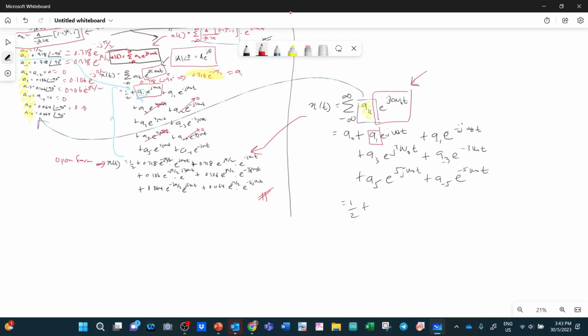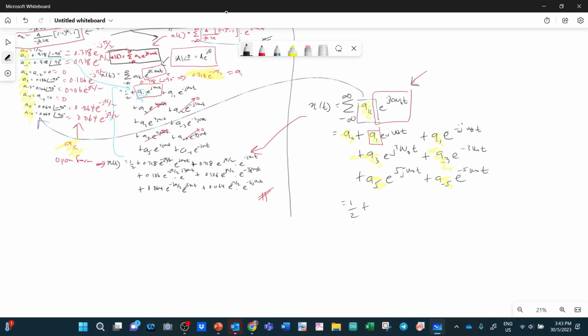Then you have 0.064 e^{-jπ/2} for a5, and 0.064 e^{jπ/2} for a_{-5}. So this is the value of a_k. You are going to substitute into a0, a1, a_{-1}, a3, a_{-3}, a5, and a_{-5}. So let's do that.